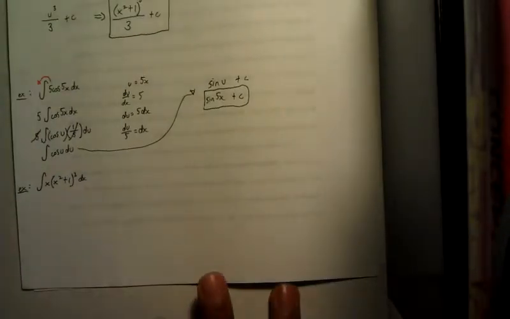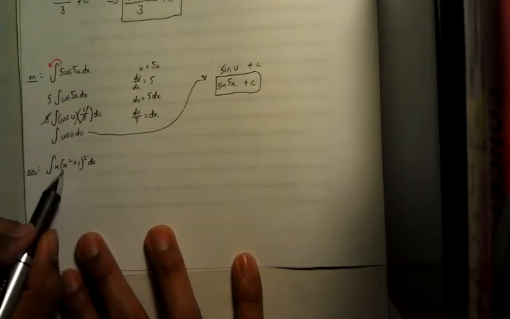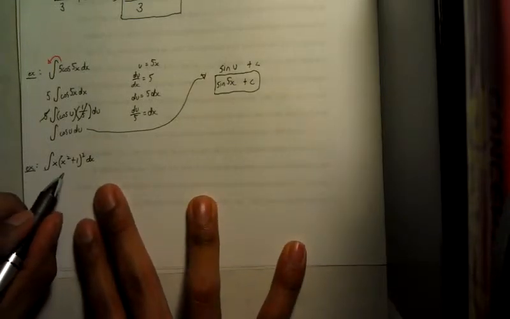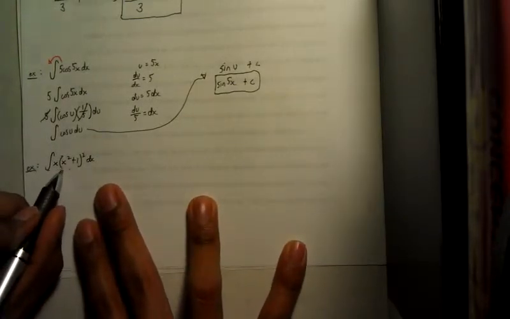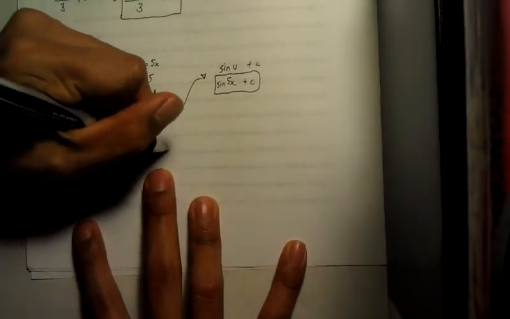Next example, take the integral of x times x squared plus 1 all squared. Once again, you can see that our u will be this right here. So u equals x squared plus 1.